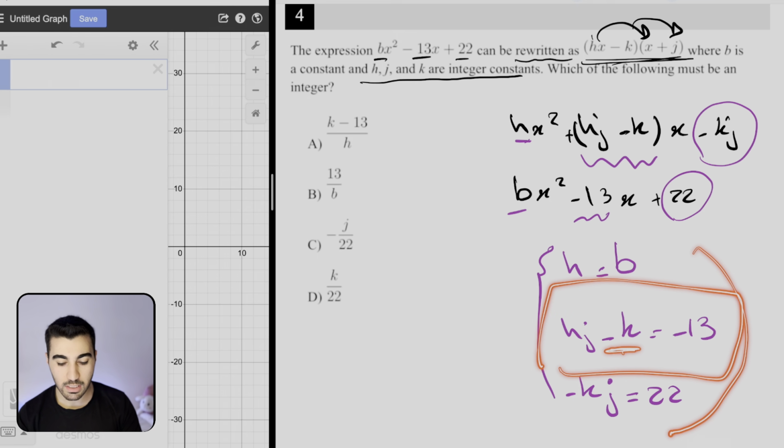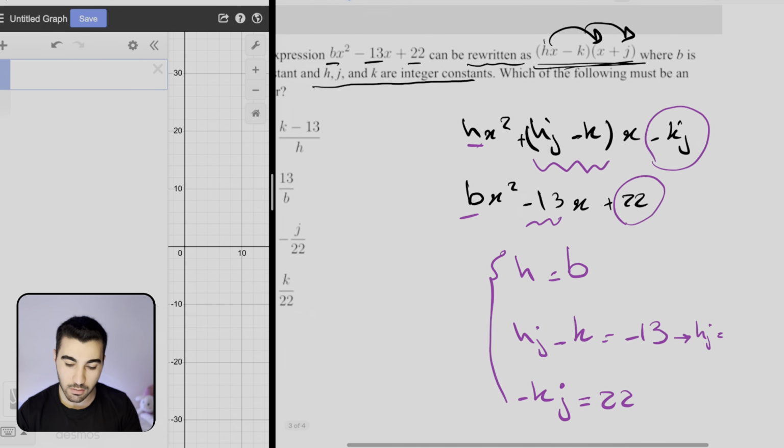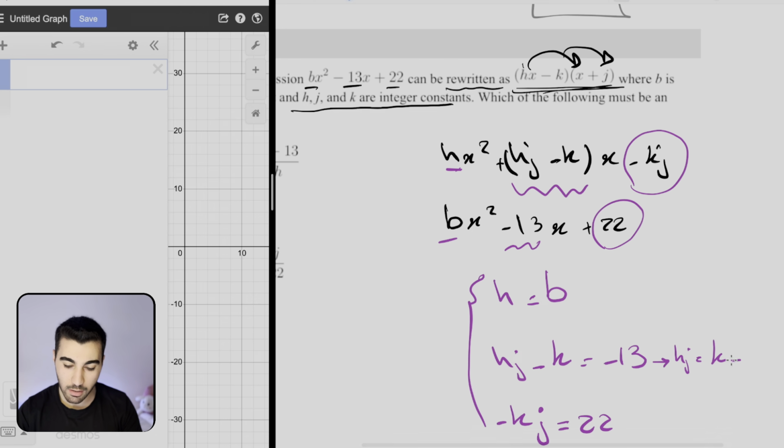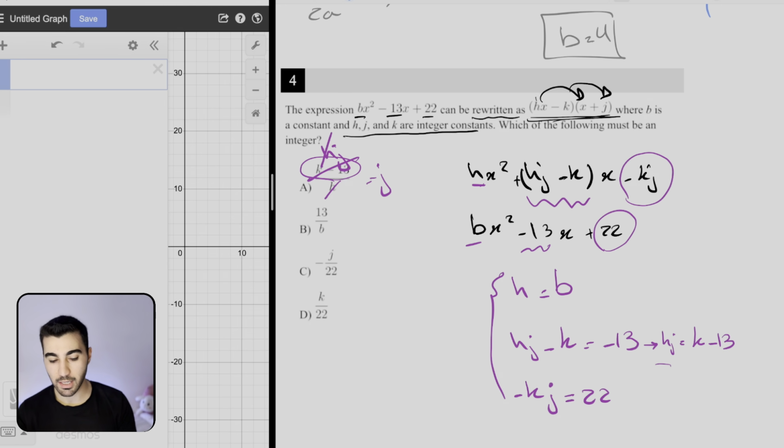We can move this negative k into the right side, and it will be hj equals k minus 13, right? So I can say k minus 13 is hj. So I can put hj here, right? And then this h and this h cancel out, and we're going to have j. So this choice A is equal to j.